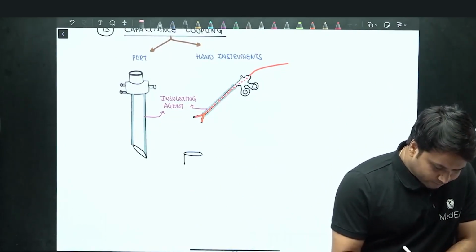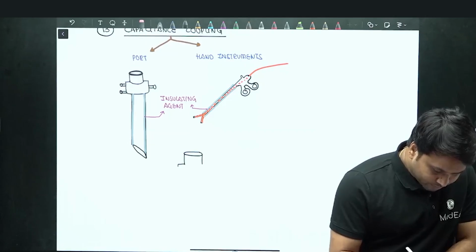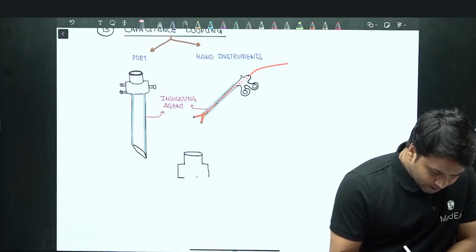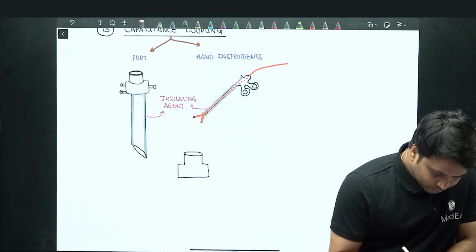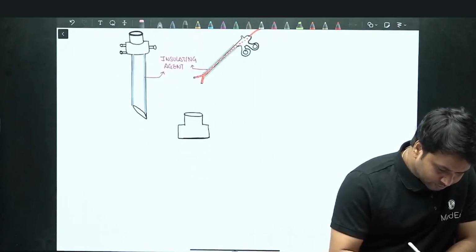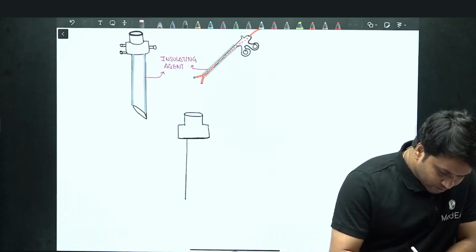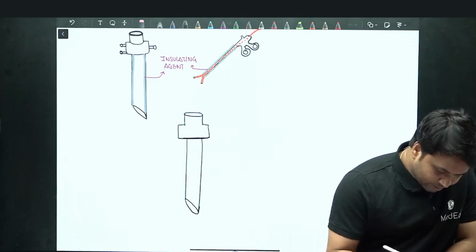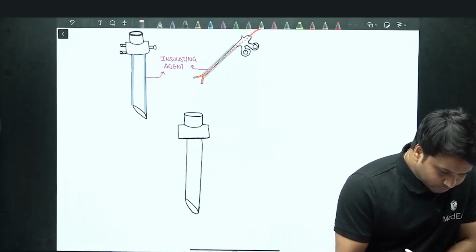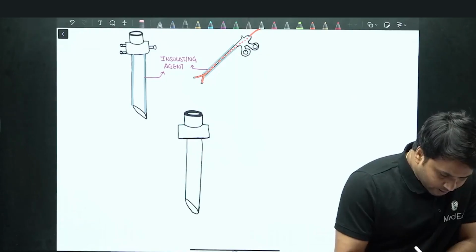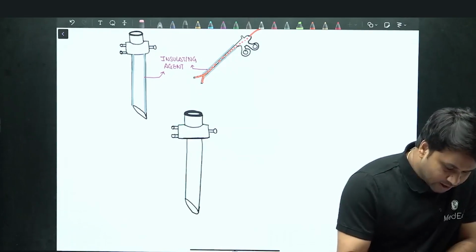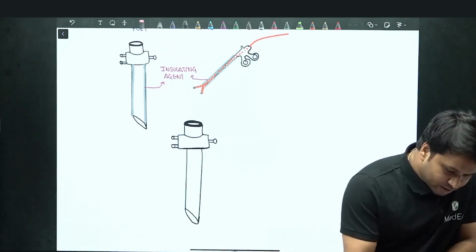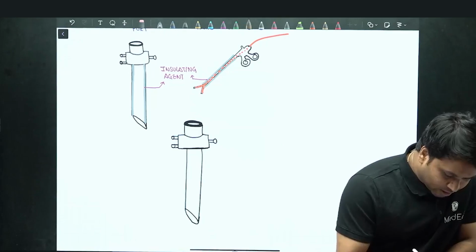Usually what happens is, whenever you put the instrument in the port, let's say this is the port that we're talking about, and let's say we have inserted the handheld instrument through the port.